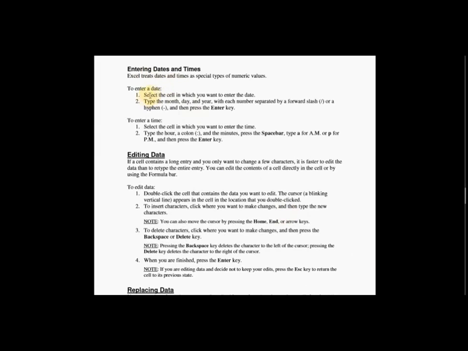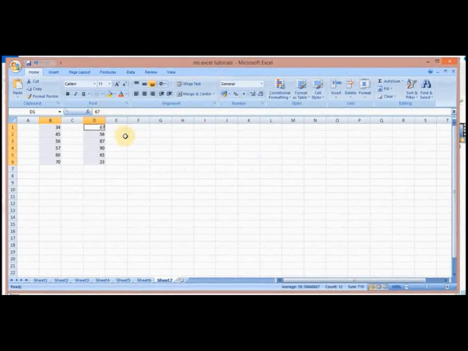For you to enter a date in Excel, you select the cell in which you want to enter the date, then you type the month, the day and the year, with each number separated by a forward slash, okay, or a hyphen, then you press enter. So let's try it.